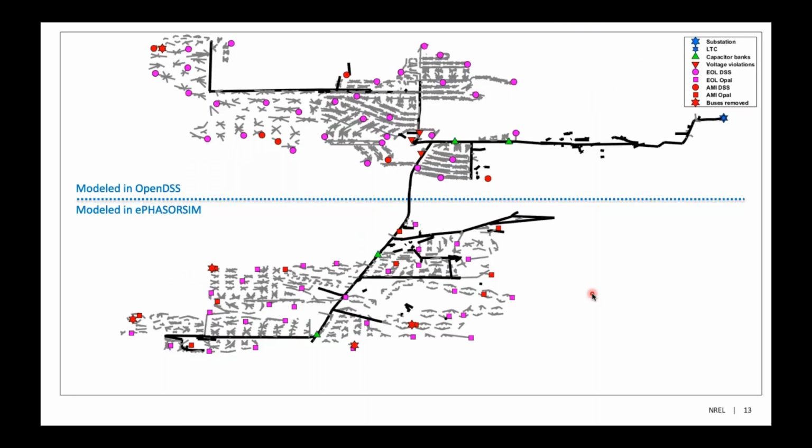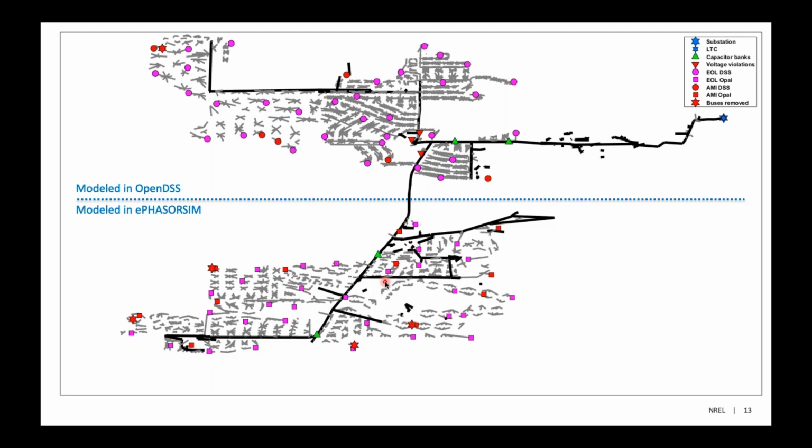And here is the diagram of the feeder. It is over 3,000 nodes, so it's split fairly equally between OpenDSS and ePHASORSIM. And then the different colored points here are points along the system that we monitored.